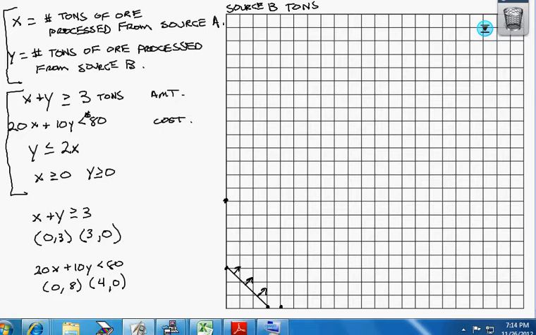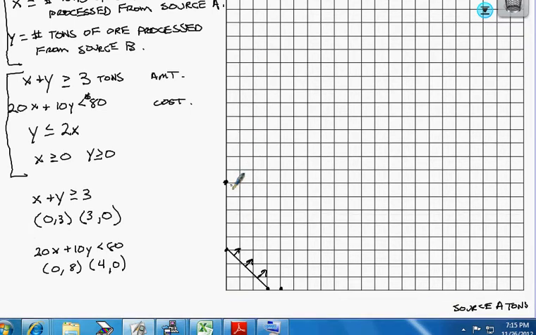So I need to make that into a dotted line. And that's going to be shaded this direction.